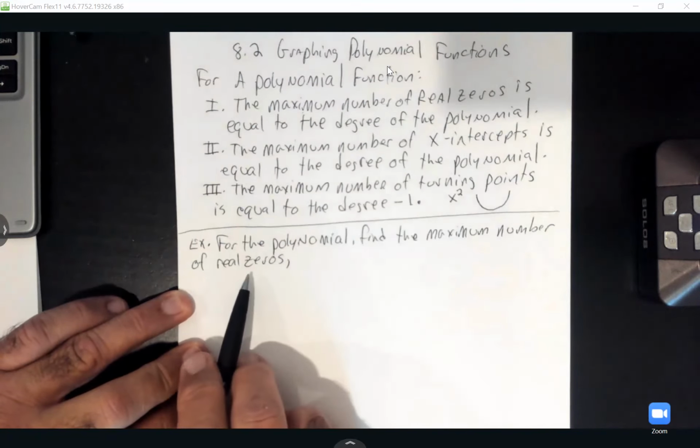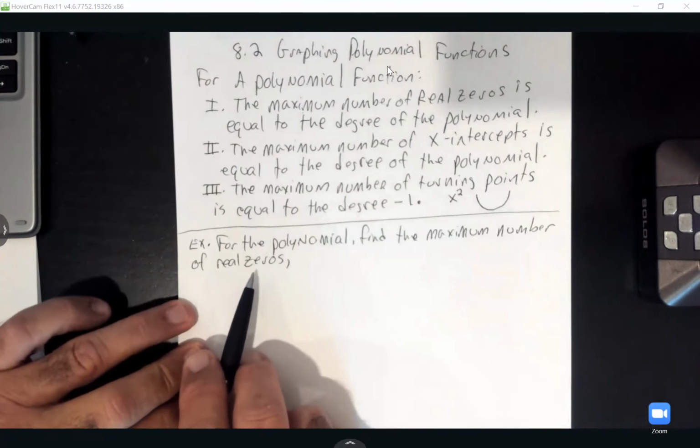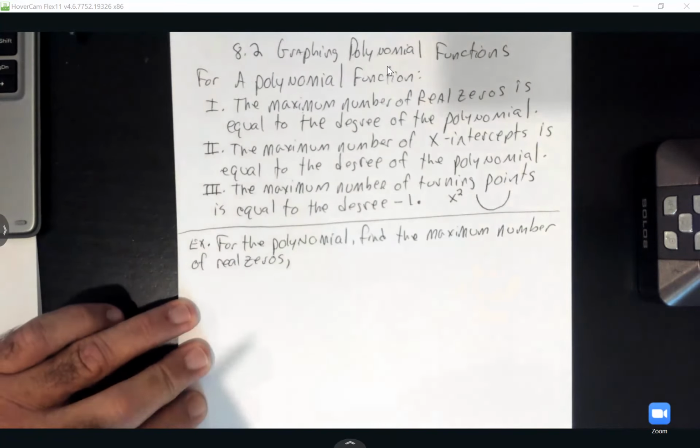And you'll learn later, we're talking about real zeros because some of these zeros can be what we call imaginary.